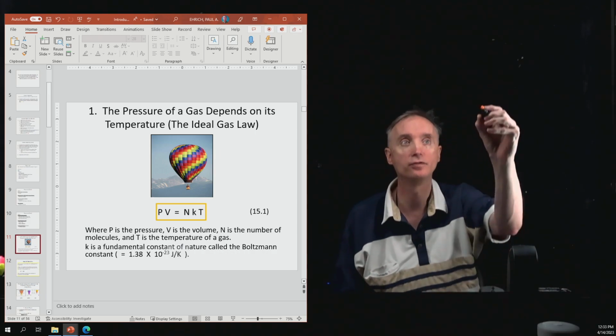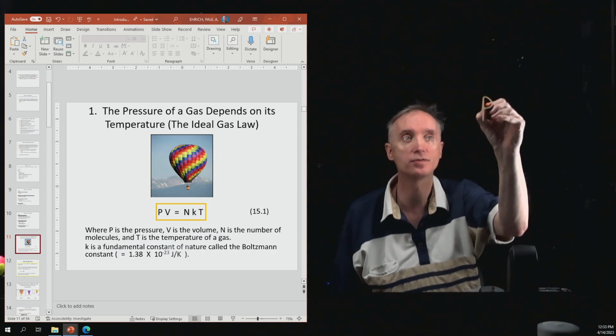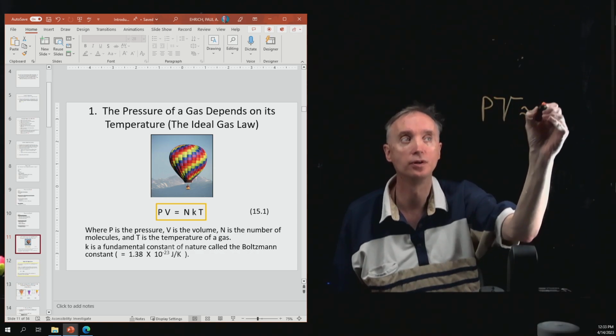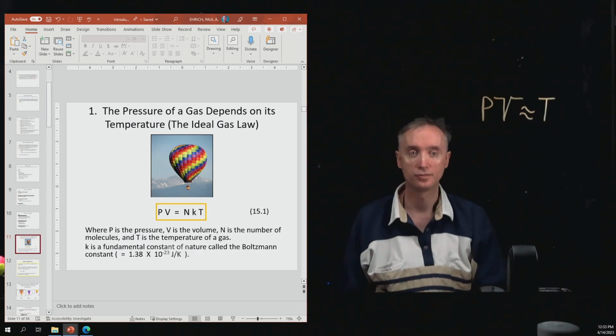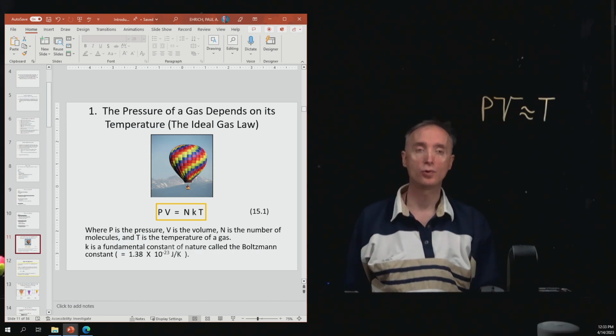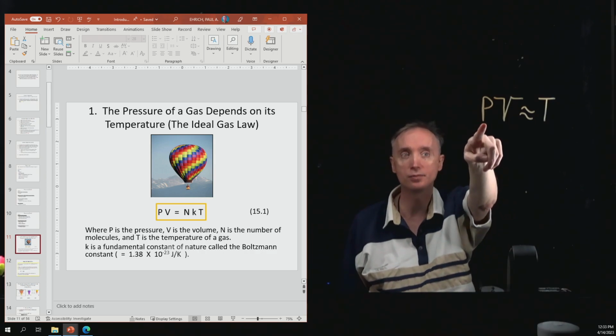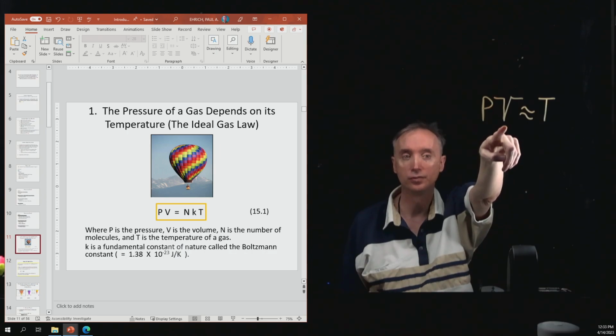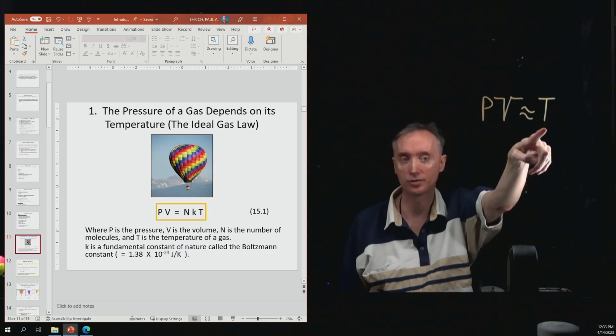So we're going to simplify the formula here and just say that pressure times volume is proportional to the temperature. And so the questions on the exam might be, if I increase the pressure, but I don't do anything to the volume, what has to happen to the temperature?